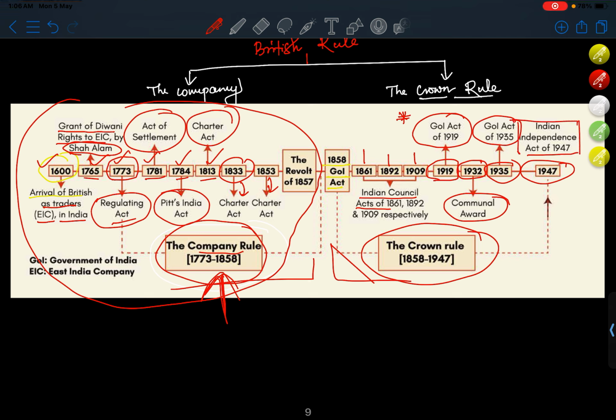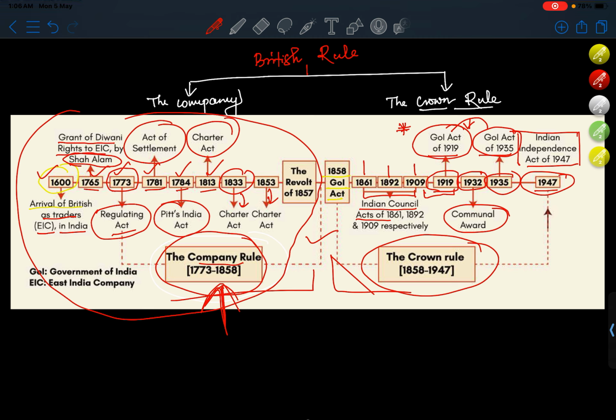In your combined examination nothing will come from this table. I just gave you this for an idea, so that you don't feel a void from inside about what the history is.